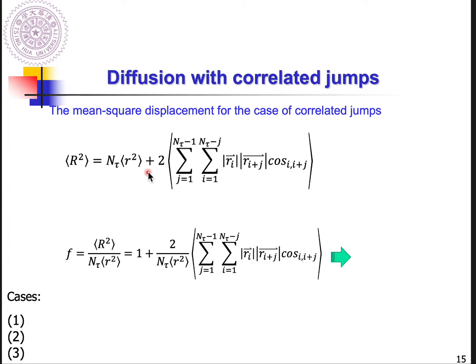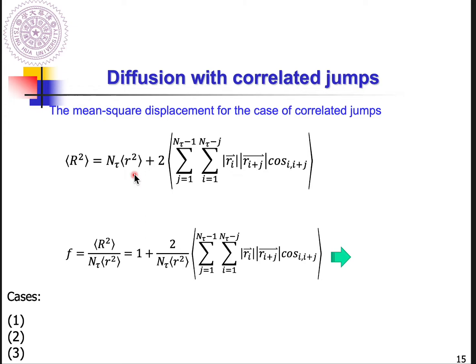So the mean square displacement equals nτ times the mean square jump distance. But that case is a random walk, or non-correlated jumps, right?